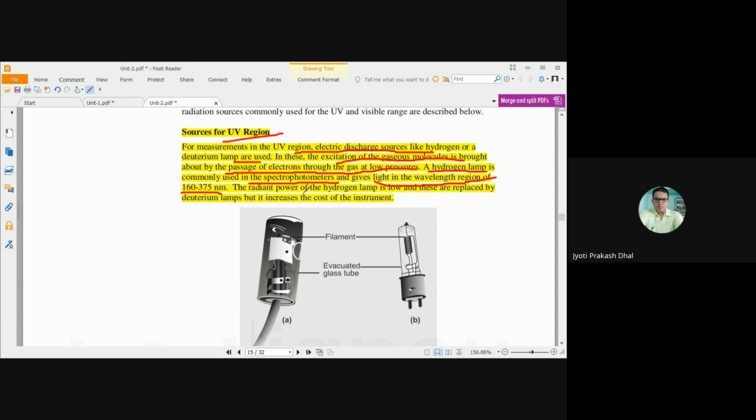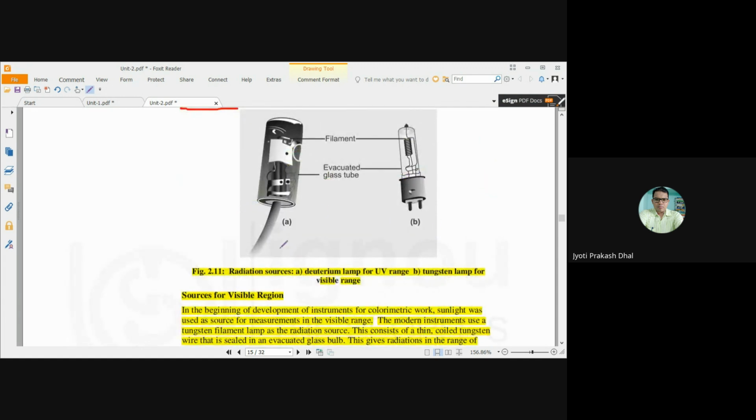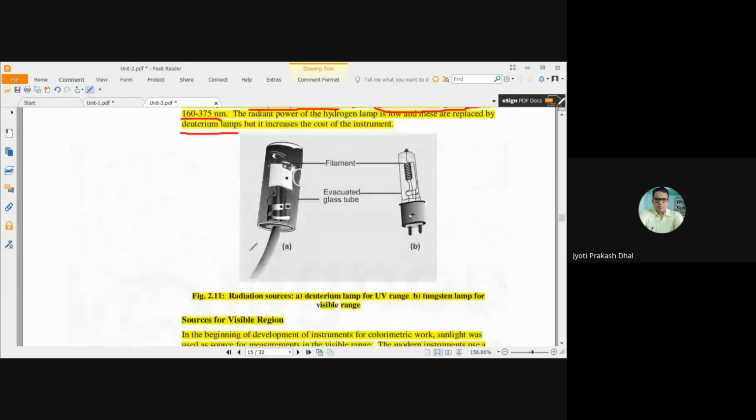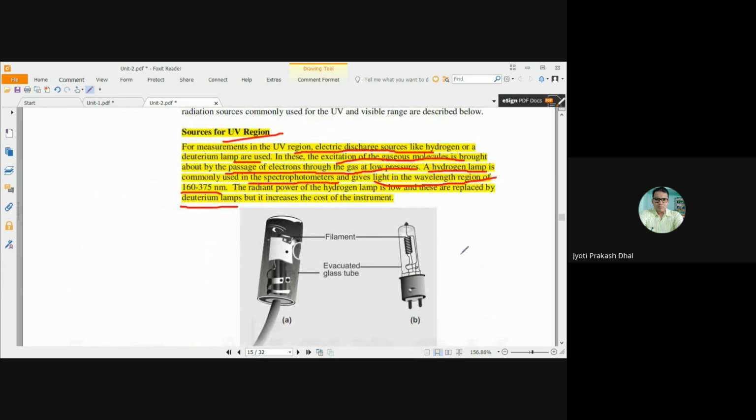The radiant power or intensity of the hydrogen lamp is low, and nowadays these are replaced by deuterium lamps. So this is the source of UV. Now coming to the source of visible: for UV, the deuterium lamp is used nowadays, and its wavelength range is 160 to 375 nanometers.